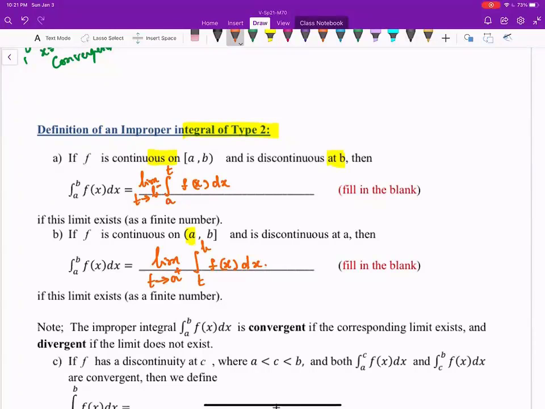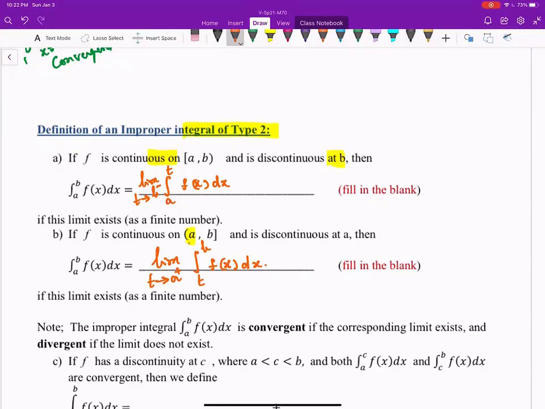So if the discontinuity of the integrand occurs at the upper limit, you will allow t to approach the upper limit from the left.